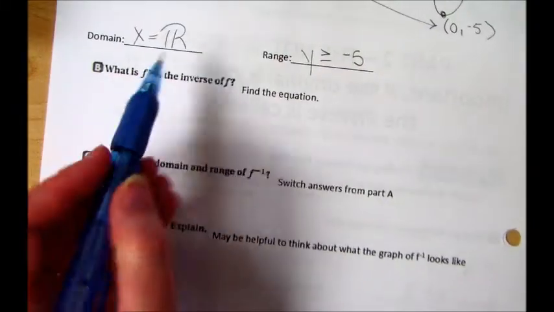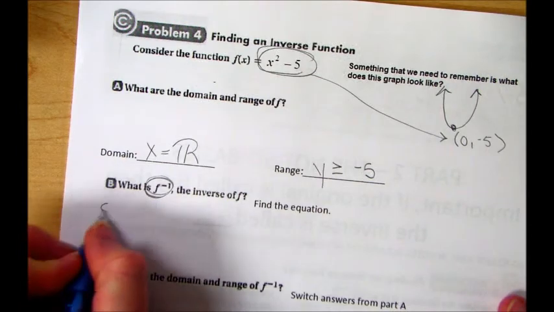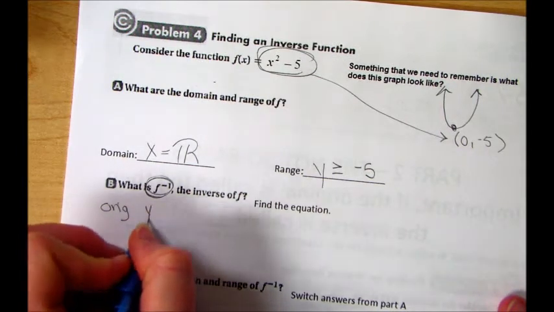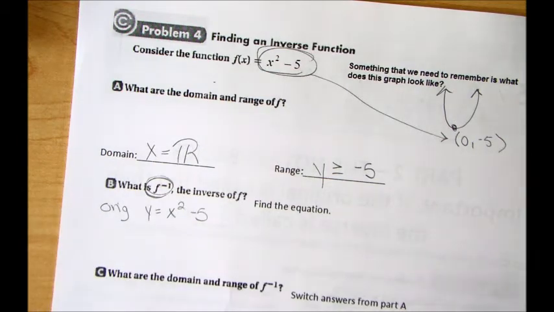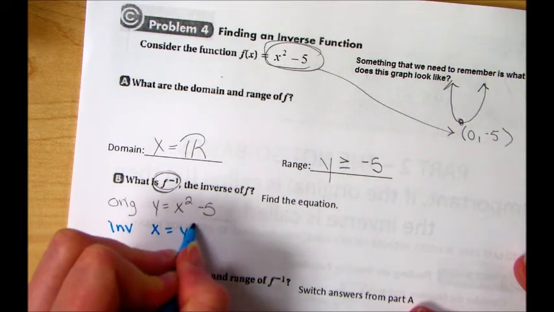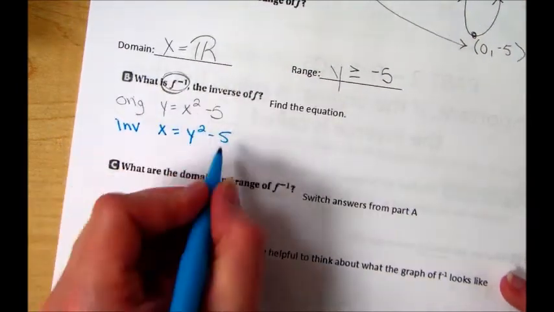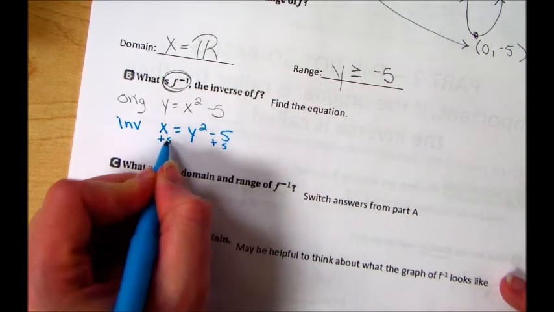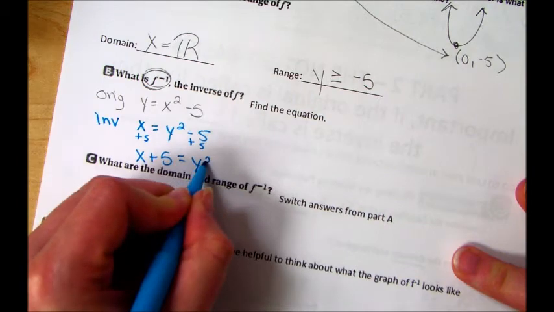So what is the inverse? What is the equation of the inverse? Well, let's write original is y equals x squared minus 5. I'll take my blue marker to help you find the inverse. X equals y squared minus 5. Now we have to solve for y. Add 5 to both sides. So we get x plus 5 equals y squared.